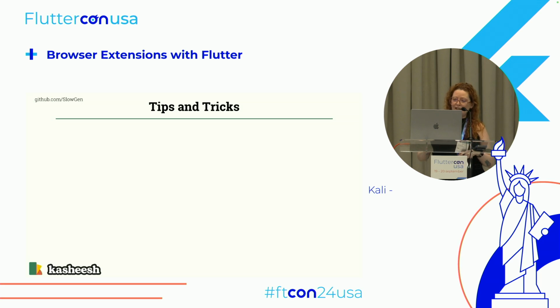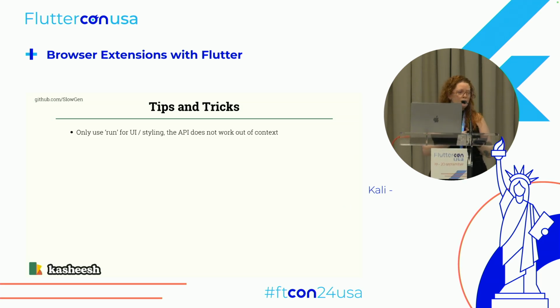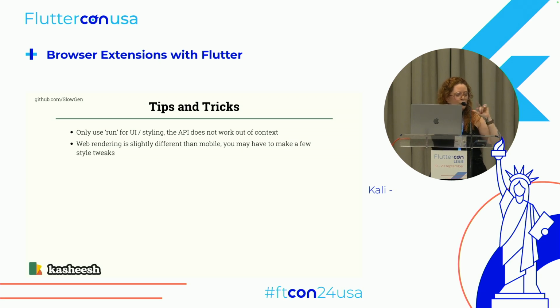All right, last but not least, a couple of notes. As I said before, only use the run for UI and styling. Chrome does not work out of context. The web rendering is slightly different, so you'll have to make some styling changes. I'm not going to go backwards to my bookmarks app screenshot, but the bookmarks on the app bar sits justified on the left for the mobile and sits in the center for the web.